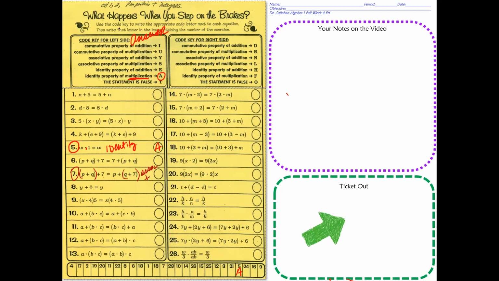So when I look back over here in the key, associative property of addition is Y. That's number 7, so I put number 7, and I put Y. I hope this makes sense. You're going to do the same thing over here, match them, and then fill out the puzzle right here.